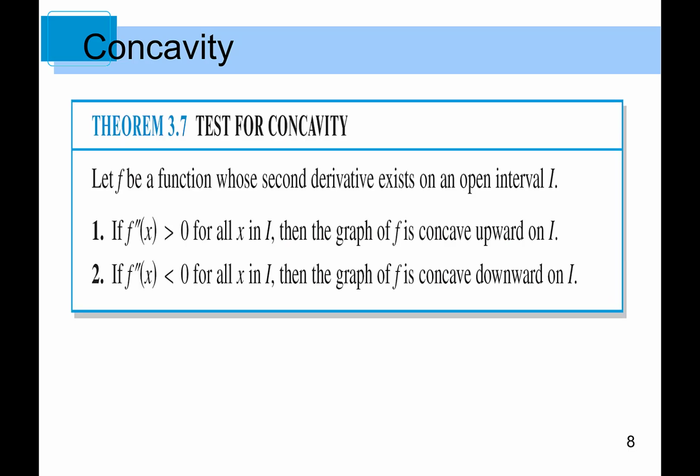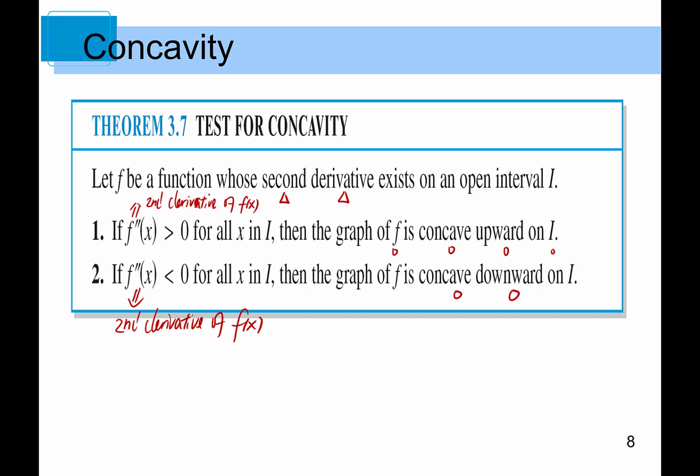Okay, so let's take a look at the test for concavity. Let f be a function whose second derivative exists on the open interval I. If the second derivative of f of x is greater than 0 for all x in I, then the graph of f is concave upward on I. Secondly, if f double prime of x is less than 0 for all x in I, then the graph of f is concave downward.